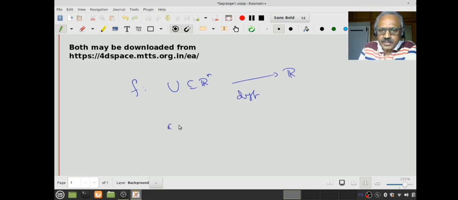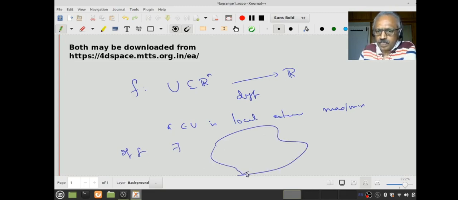We say a point a in U is a local extremum, that is maximum or minimum, of f if there exists an open ball around a such that f has an extremum at a in the ball.